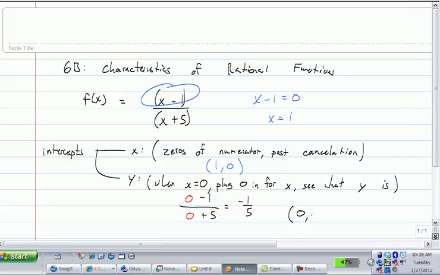So it would be 0, negative 1/5. Your x-intercept was 1, 0. Your y-intercept is 0, negative 1/5.